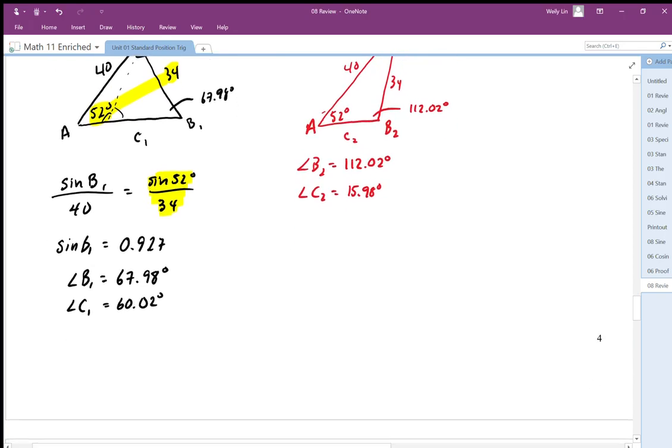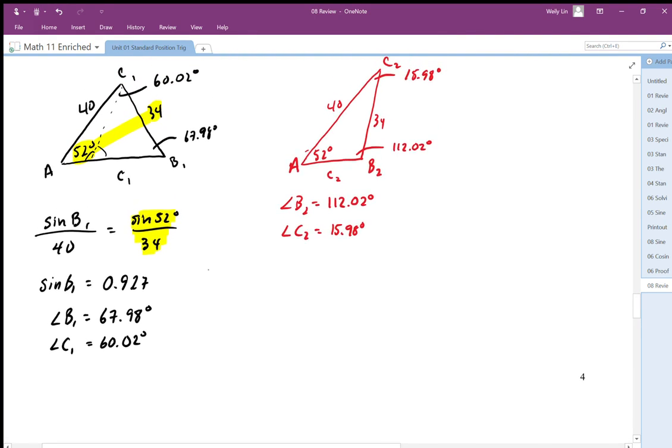So the last part here then is to solve for the length of C1. So I'm going to use my known ratio and have my unknown side. So this is going to be 34 to sine of 52 degrees. Okay, so that's solving for C1.